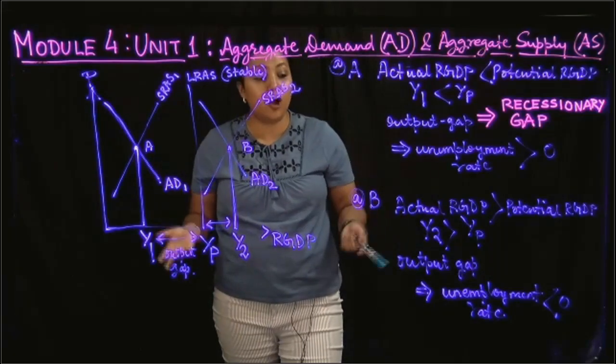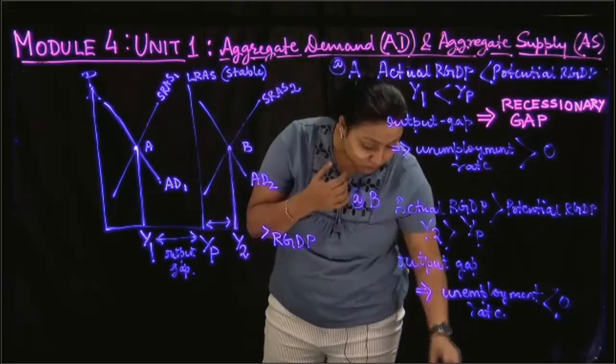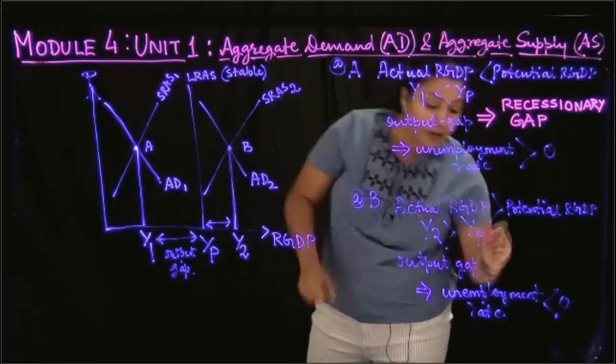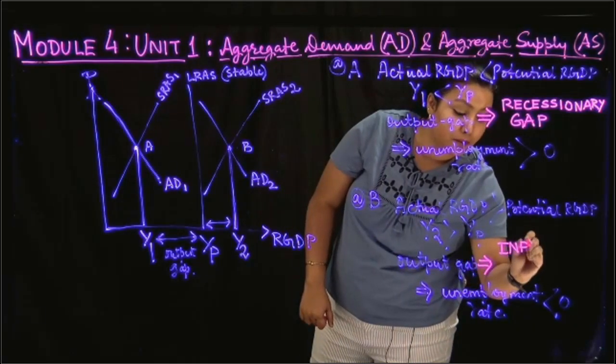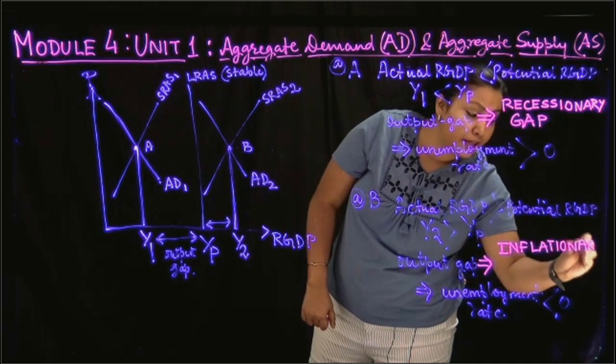Okay, that is what we mean. Now even then there is an output gap, and that kind of output gap is known as the inflationary gap.